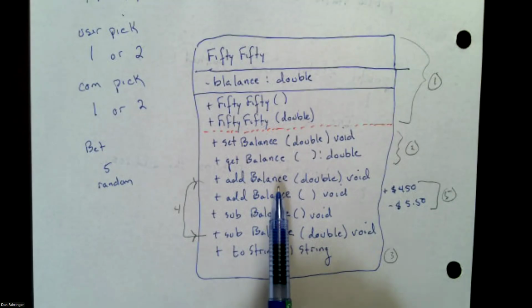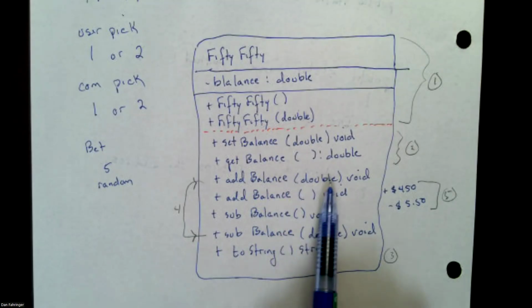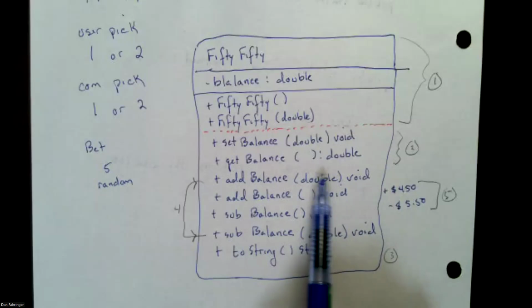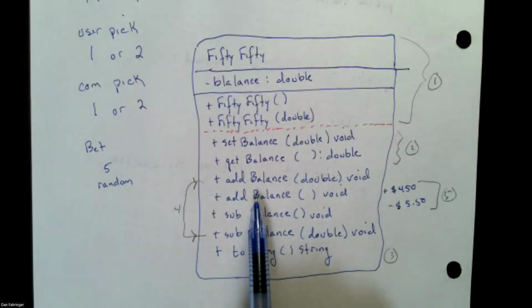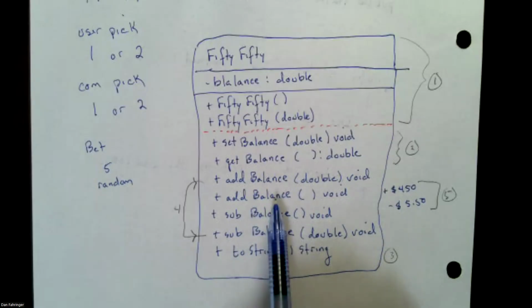Add balance. If I do that, there's a certain amount: how much would you like to add to the balance? The user could type $5, or if you don't ask the user for money, it would add $4.50. Now, here's what we got going on.